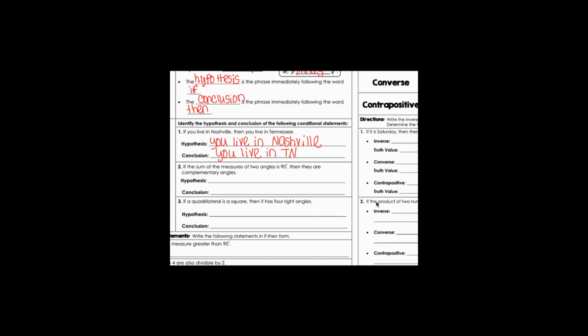Another example, if the sum of the measures of two angles equals 90, then they are complementary. Okay, I'll let you try 3 on your own.